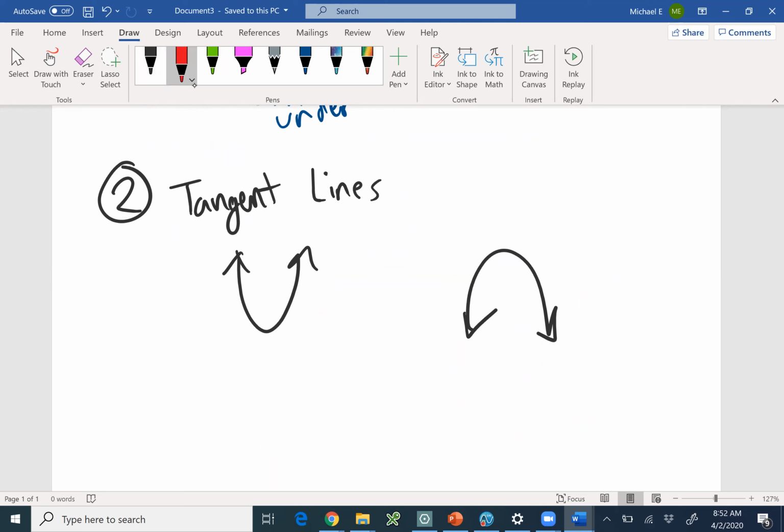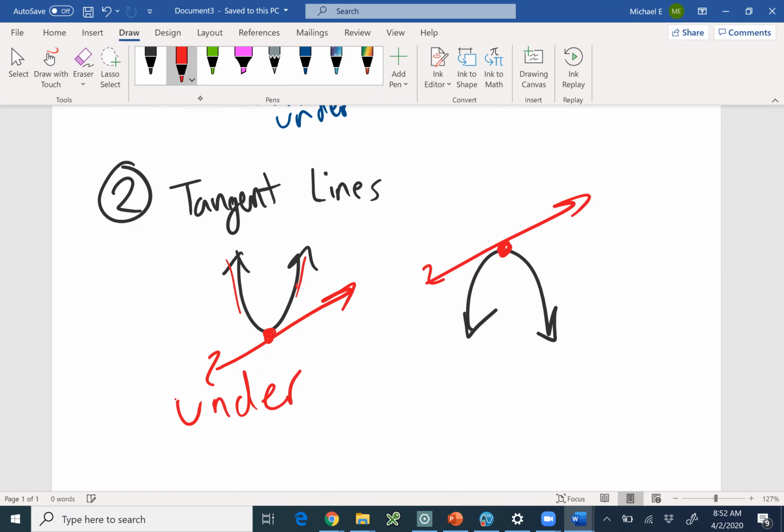So if we have concave up, anywhere I draw a tangent line, no matter where it is, here, here, wherever it is, it's always below. So concave up is always under, and concave down, anywhere I draw that, is always over for tangent lines.